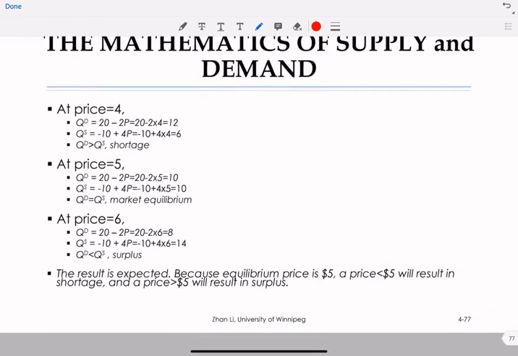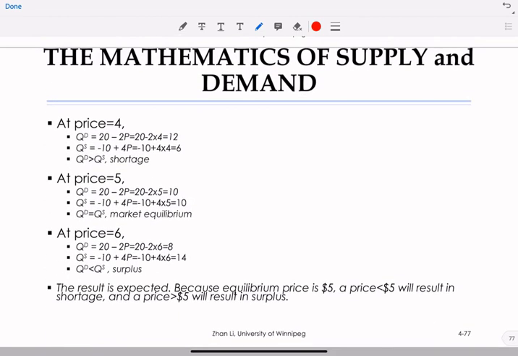Now let's examine how we could calculate shortage and surplus. So we know that the equilibrium price is 5. So let's say the price is 4, which is smaller than 5.